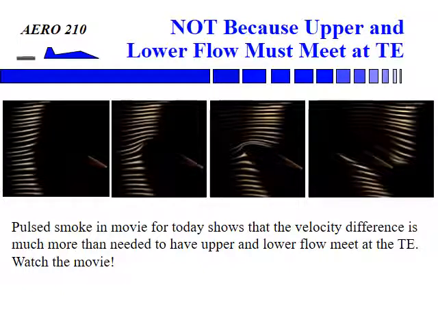They use pulse smoke and show that in fact the acceleration of the flow over the top of an airfoil at angle of attack is much greater than that required to have the flow meet at the trailing edge. In fact, it is due to the restriction to the airflow, just like putting your thumb over the end of a garden hose, caused by the shape and orientation of the airfoil.